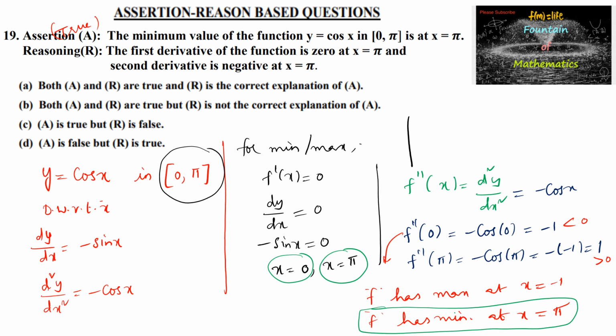So we can say that the first derivative is equal to 0 at both the values x is equal to 0 and pi. At x is equal to pi, the second derivative is positive, but the second derivative is negative at x is equal to 0. So we can say the reason is false. So assertion is true and reason is false, which is option C.